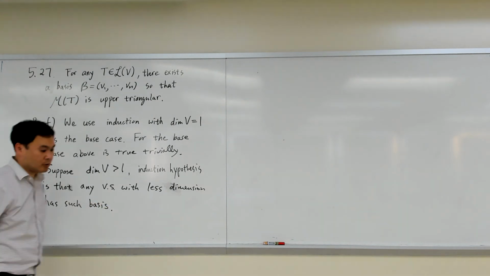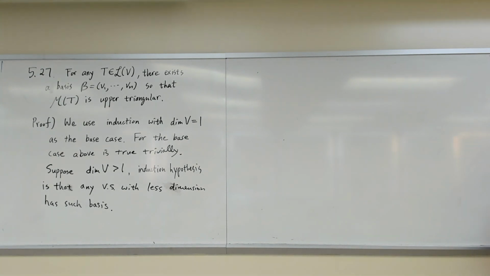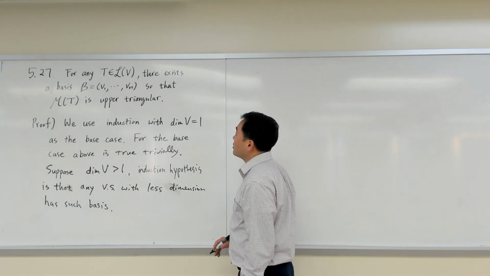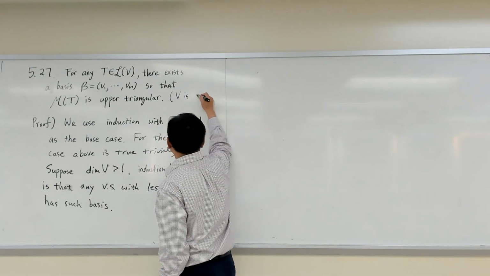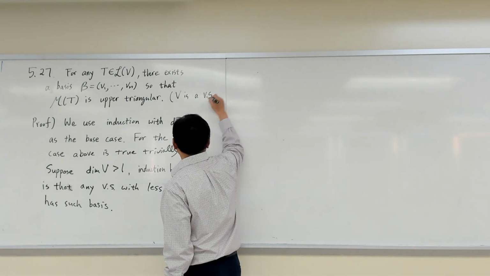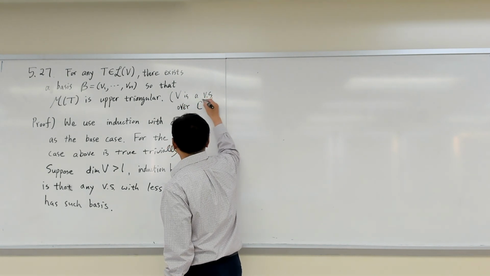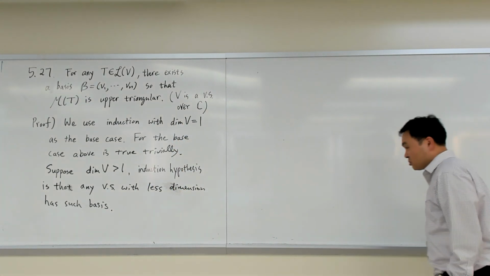Okay. So let's think about that. Now, I forgot to say, V is a vector space over C. Okay. If it's not over C, this is not true. Okay, you need an eigenvalue to carry on.